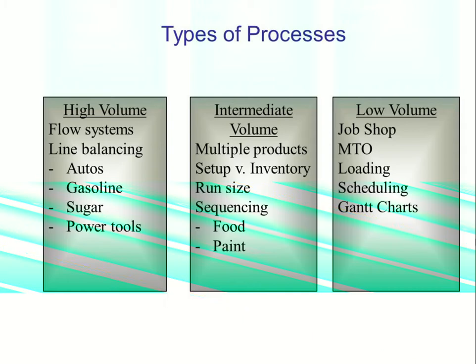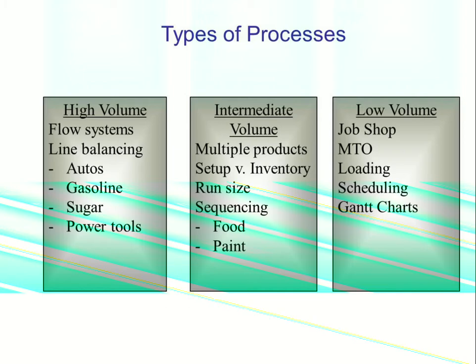So we'll work from left to right, make some comparisons between these. We'll start with the high volume system. So we're looking at a process that creates a lot of output. So when we talk about volume, it's strictly from the count standpoint. They're often referred to as flow systems because we see things like the facilities that create gasoline and other petroleum products, sugar, flour, things like that, where the equipment is highly customized, high volume, low human input.